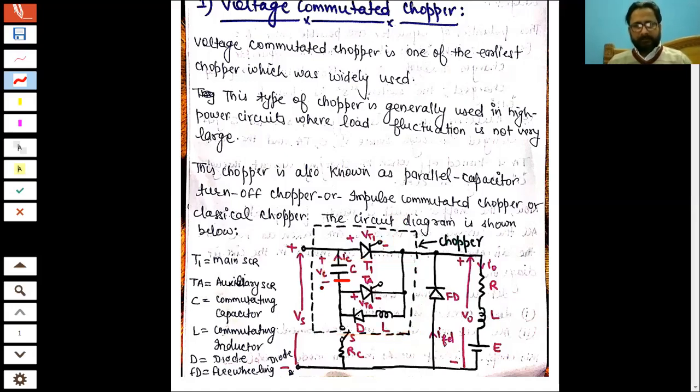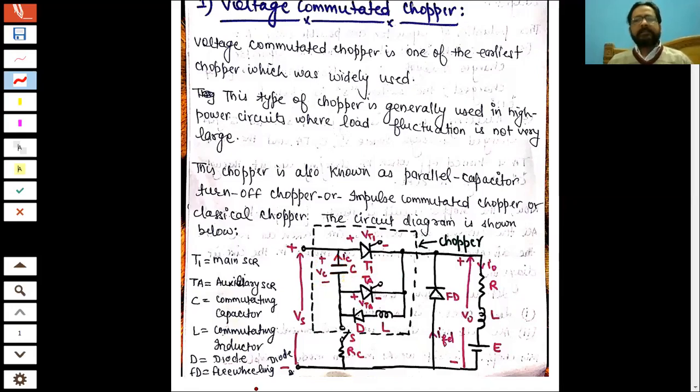Now we have to see that initially at time t equal to 0, this is an assumption that the capacitor C is charged with a voltage which is given by plus on the upper plate and minus on the lower plate, and the voltage across the capacitor is VC and the current through the capacitor is IC. So these directions of VC and IC need to be taken as positive, right?